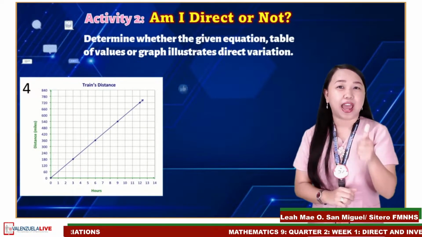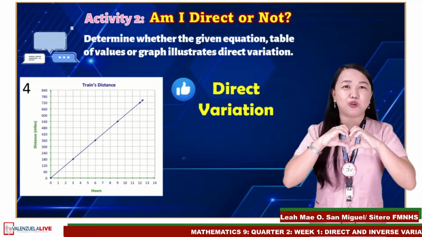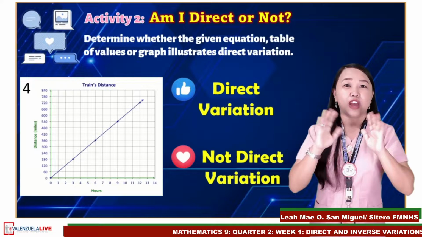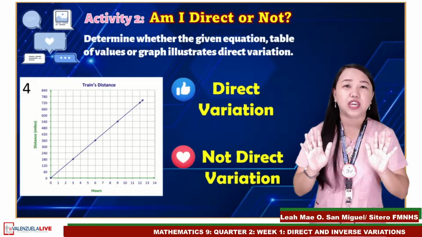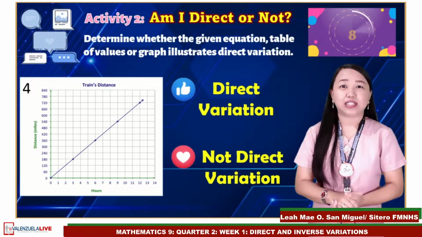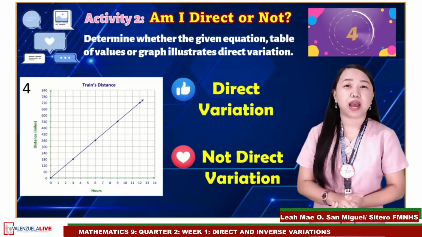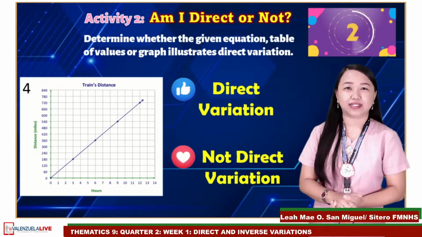Comment like emoji if it is direct variation, and heart emoji if it is not. You have 10 seconds to key in your answer. Go! Recall that the graph of a direct variation is a straight line and passes through the origin.